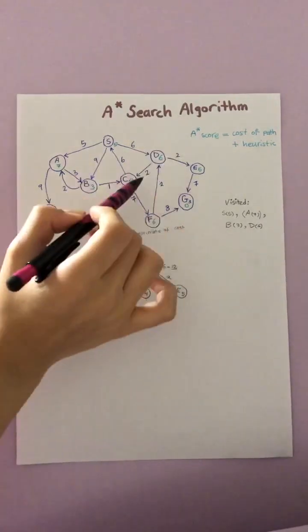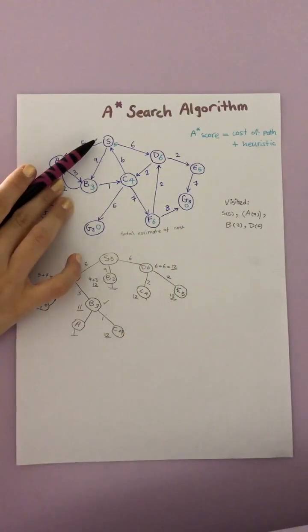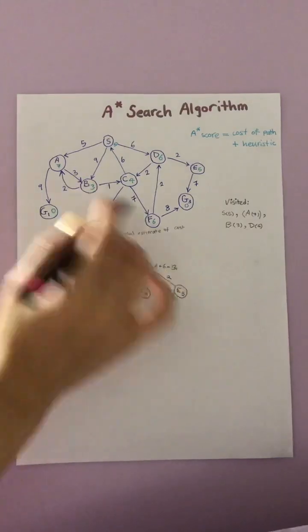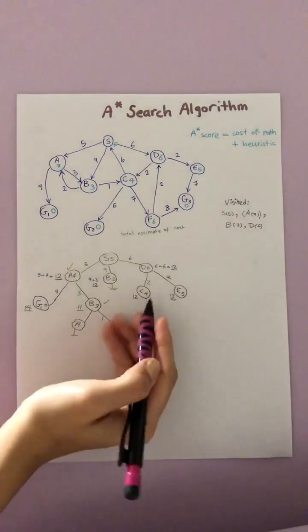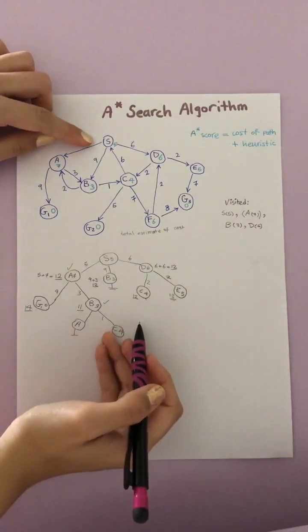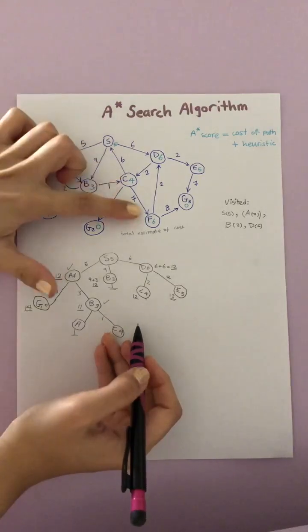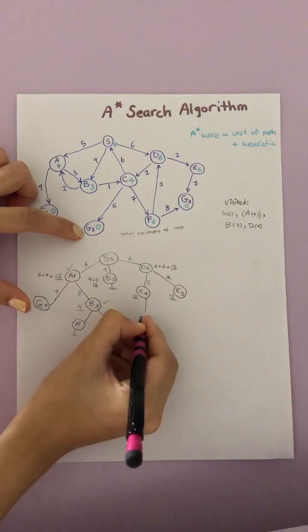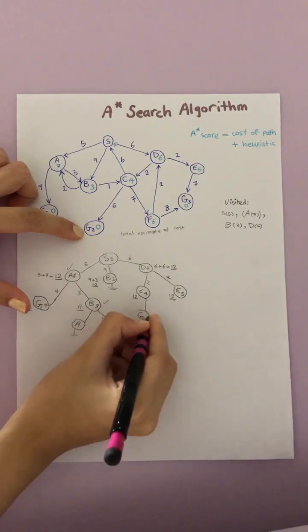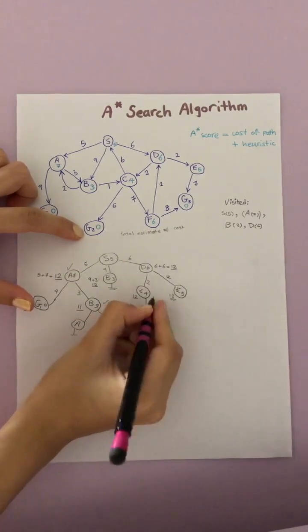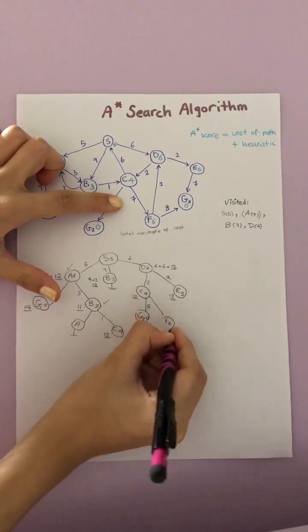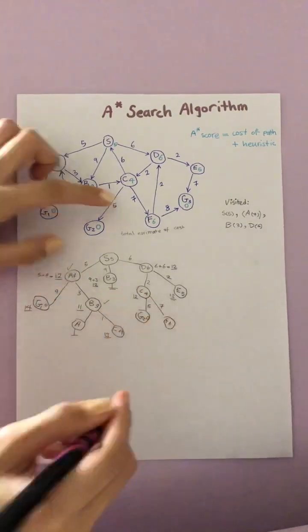From C, we can go back to S, which we have already visited, and it'll cost more, so that's a dead end. So we can go to F or either G. For G2 with cost of 0 and 5 over here, and then F6 with cost of 7.